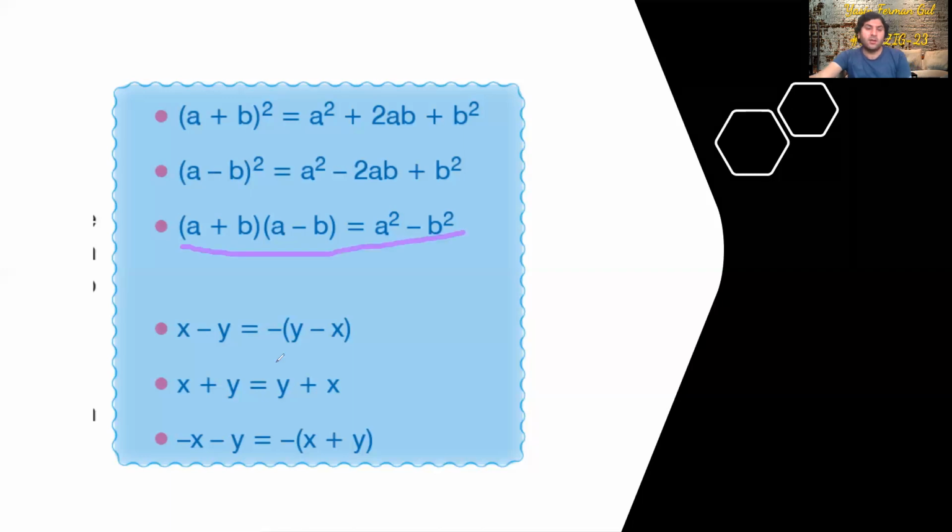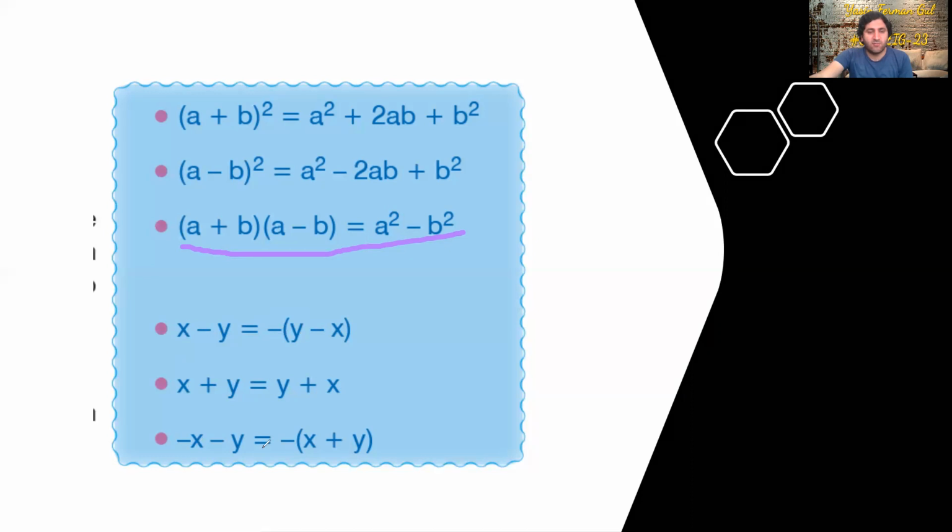All right. Then we have x - y equals -(y - x), with a negative sign in front of the bracket. Then x + y equals y + x. Let's say x is 2 and y is 3. 2 + 3 obviously equals 3 + 2, same thing.